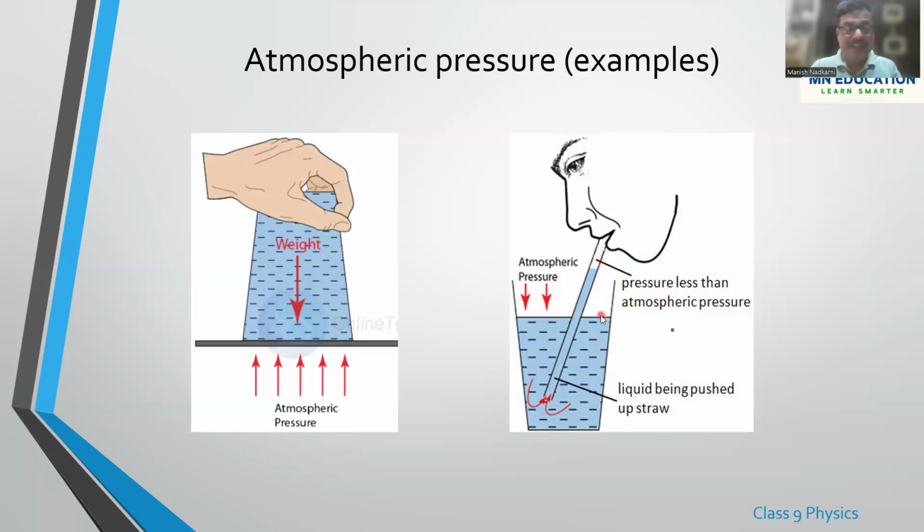Remember, this would not be possible if atmospheric pressure were not there. For instance, on the moon there is no atmosphere, there is no atmospheric pressure. So you cannot drink with a straw on the moon. It is just not possible.